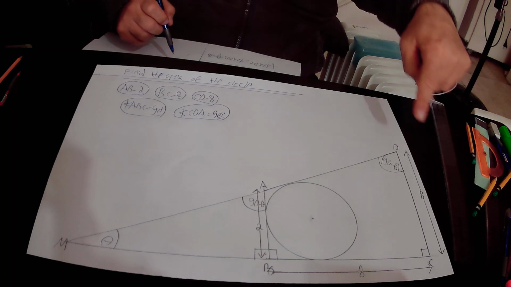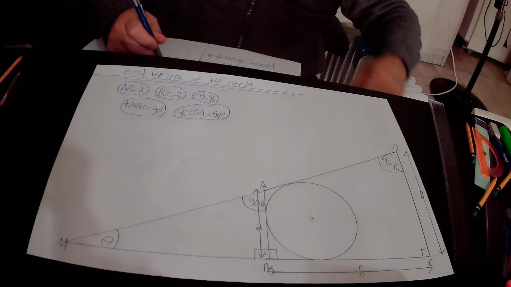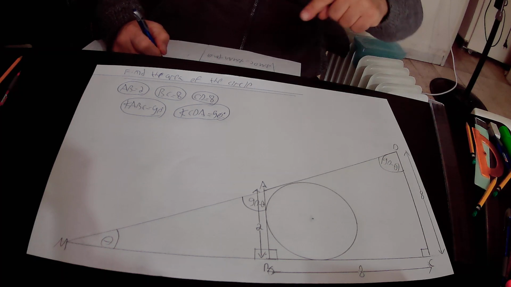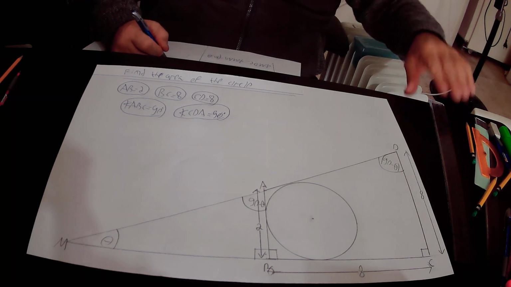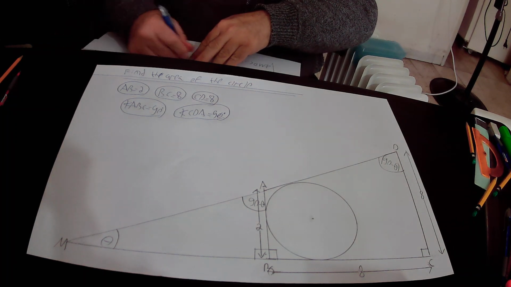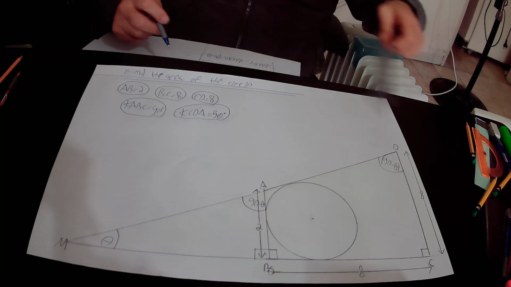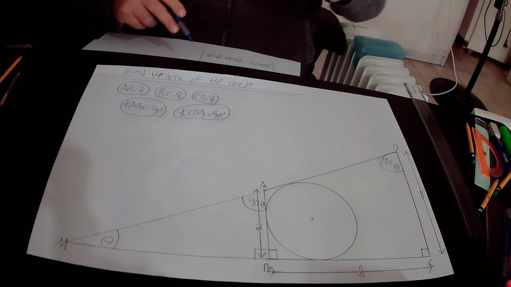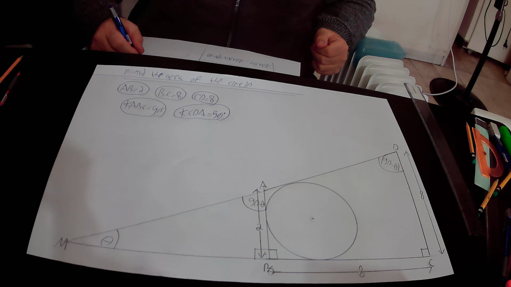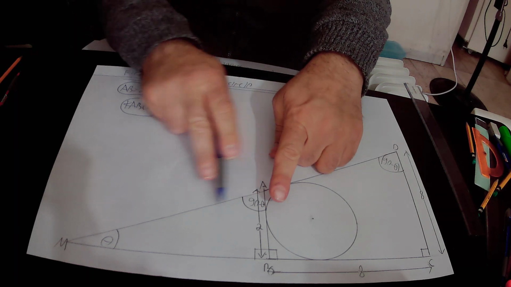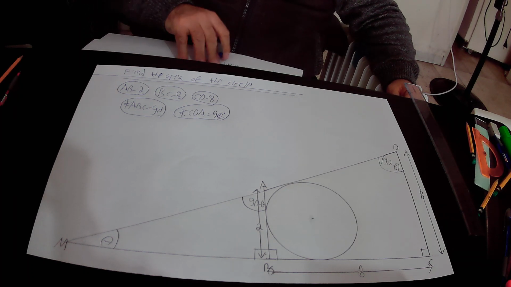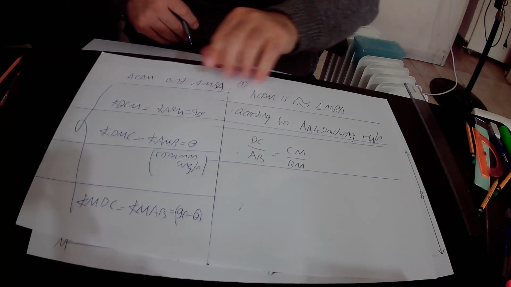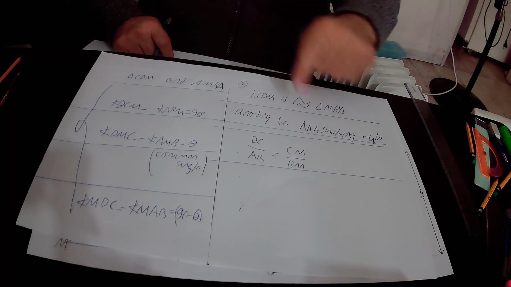We derive that side DC of the big right triangle CDM over side AB of the small right triangle MBA equals side CM of the big right triangle CDM over side BM of the small right triangle MBA. Repeat again: DC over AB equals CM over BM.